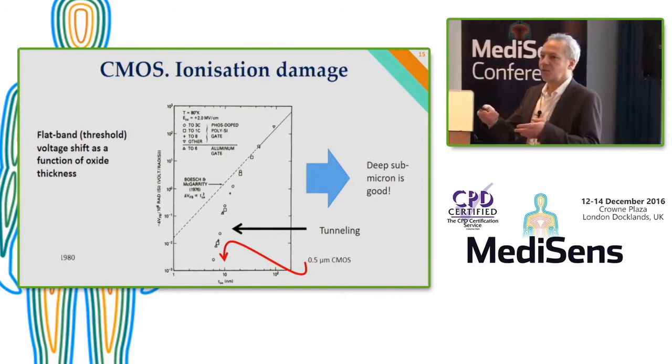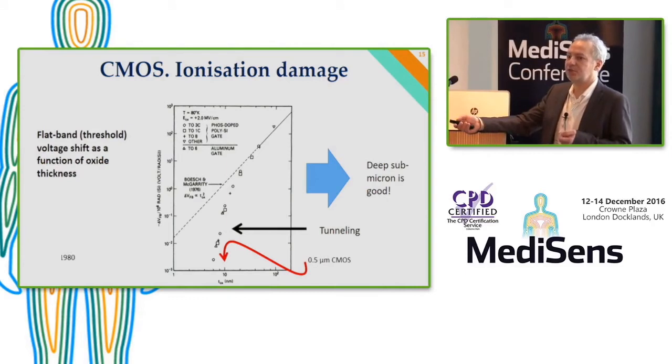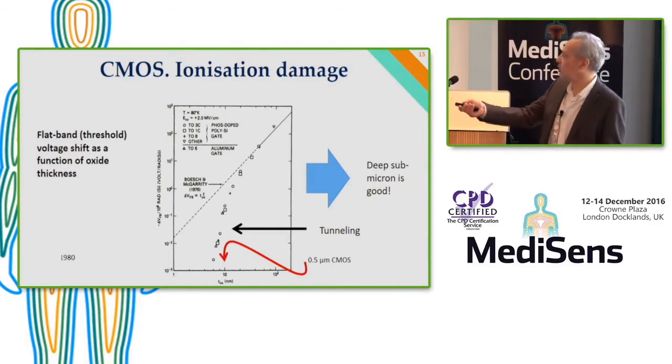There is one good thing about going smaller in CMOS, something which was realized basically over 30 years ago. This picture is from a paper from 1980. It represents how much damage we have as a function of the size of the transistor, simplifying.